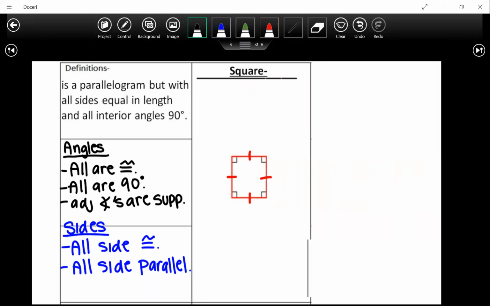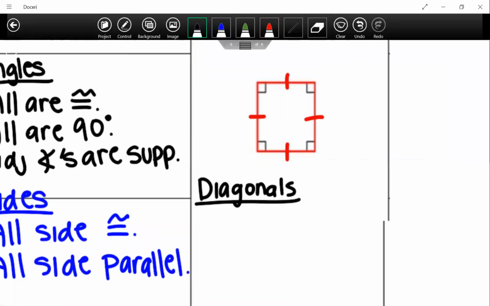Last part of this one also is we know diagonals. We have a lot of special properties that come up with this. Diagonals bisect each other. So it splits it into two.